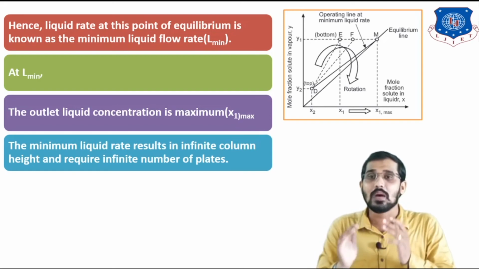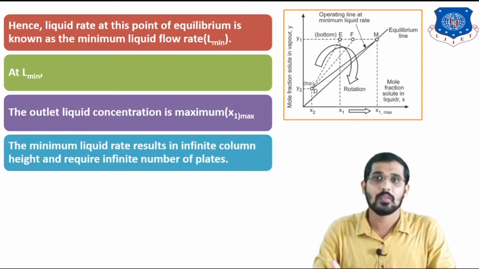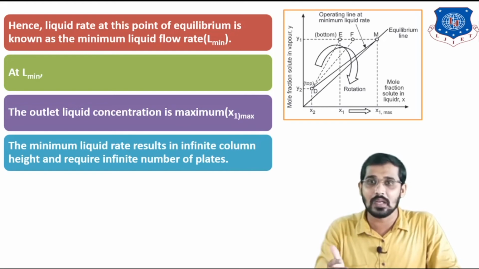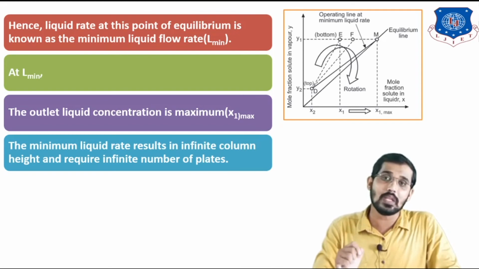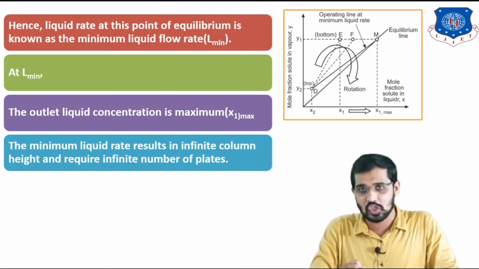It means the gas absorption process is difficult in nature, and when this is difficult, separation is difficult, and it requires the maximum number of plates to separate the gaseous components from the given mixture.